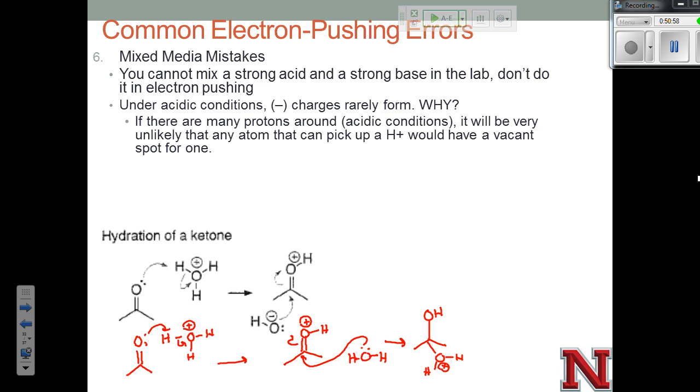I often see a student deprotonate an alcohol before they show an attack. That's not likely. Also, you have to have something strong enough to deprotonate an alcohol. Remember your acid-base reactions and your equilibrium. If there's nothing strong enough in our reaction mixture to deprotonate an alcohol, it's not going to happen.